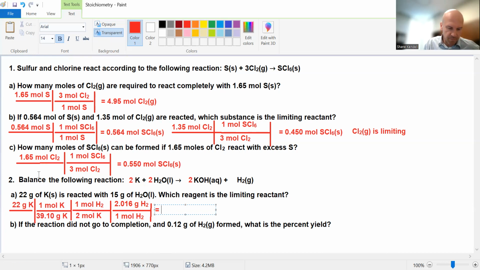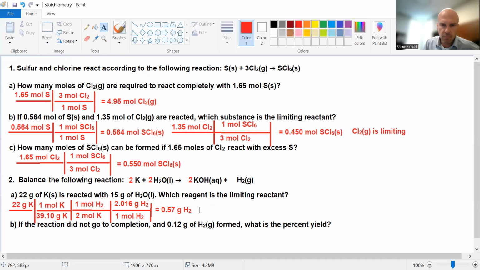And I'll get an answer of 0.567. But we want two significant figures anyway, so that would just be 0.57. Okay. And we've just chosen H2. Like I said, we could have done this calculation for potassium hydroxide instead, the KOH. But anyway, we chose the H2.